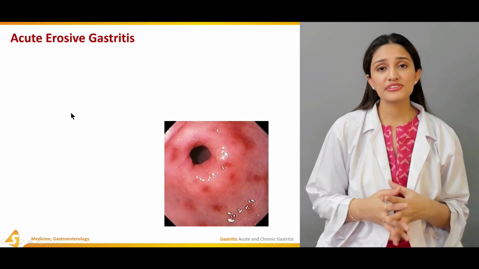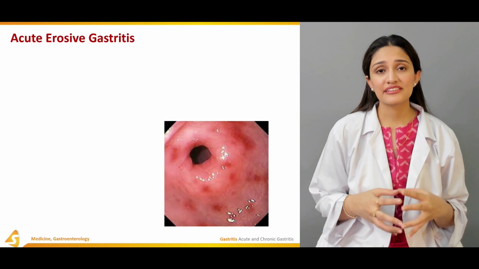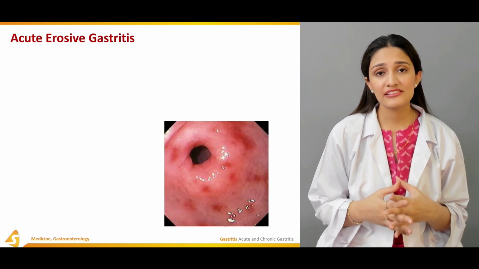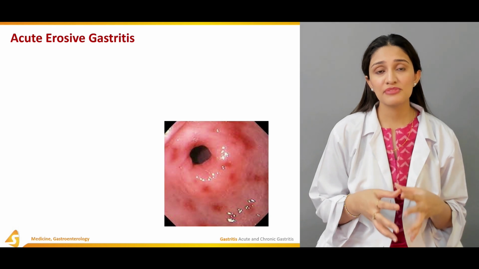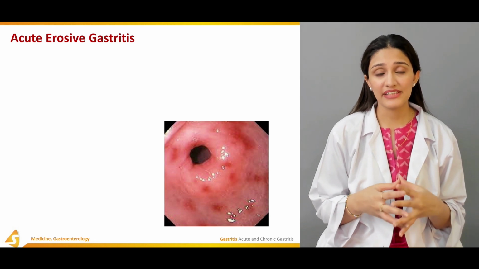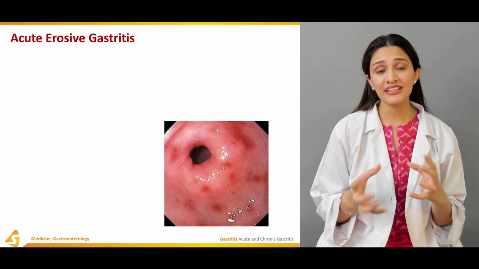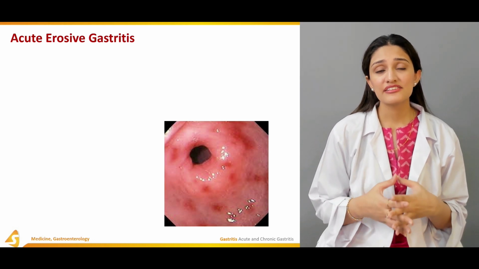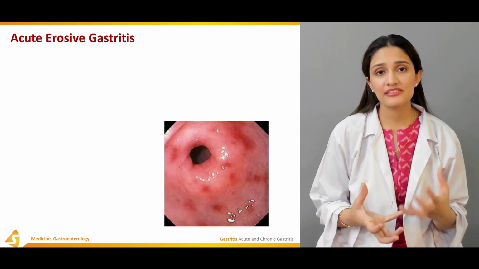Acute erosive gastritis, also known as reactive gastritis, is gastritis within the epithelial cells of the gastric mucosa, and it consists of different mechanisms that do not involve inflammatory cells to develop.